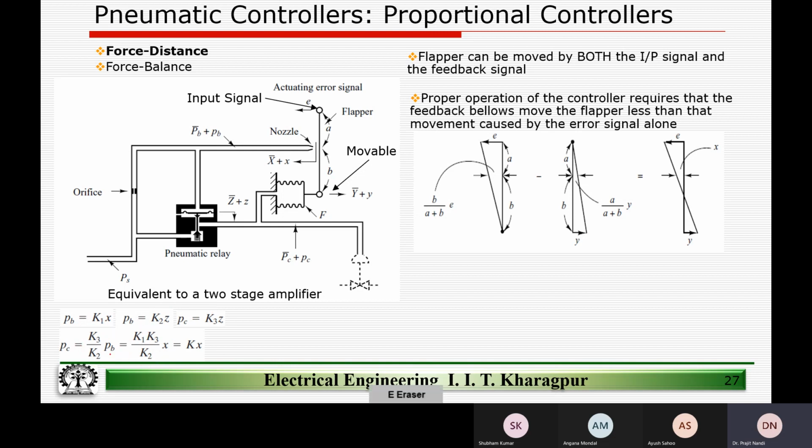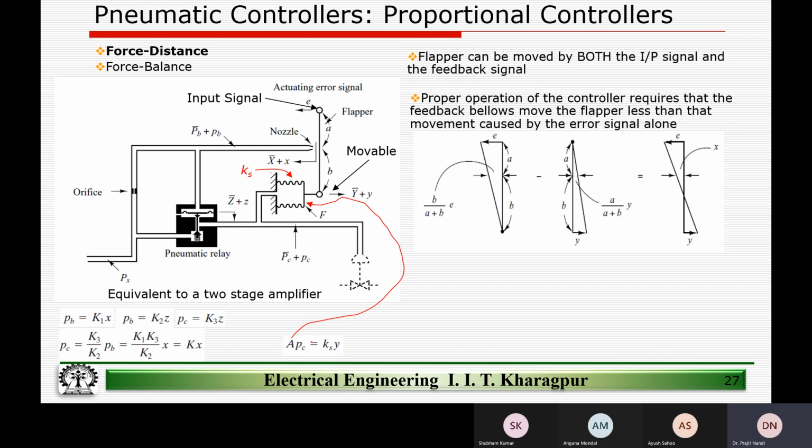So that means I end up with an expression which shows that yes, the control pressure, this is what we are controlling, is proportional to the amount of displacement we have seen here, right, at this point. But that is not our input signal, right? That is not our input signal. So we still have to derive an expression with respect to E and PC. So we're coming there. So hold on till we go there.